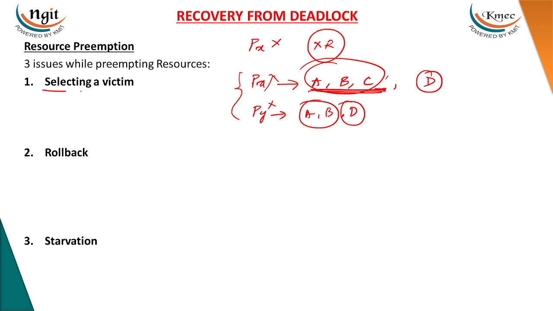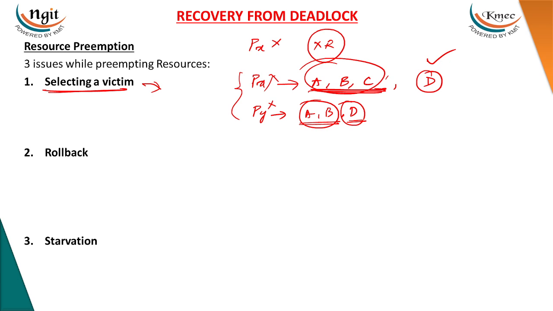If you preempt a process, you need to select the minimum cost. Suppose px and py: px is holding a, b, c and waiting for d, while py holds d.